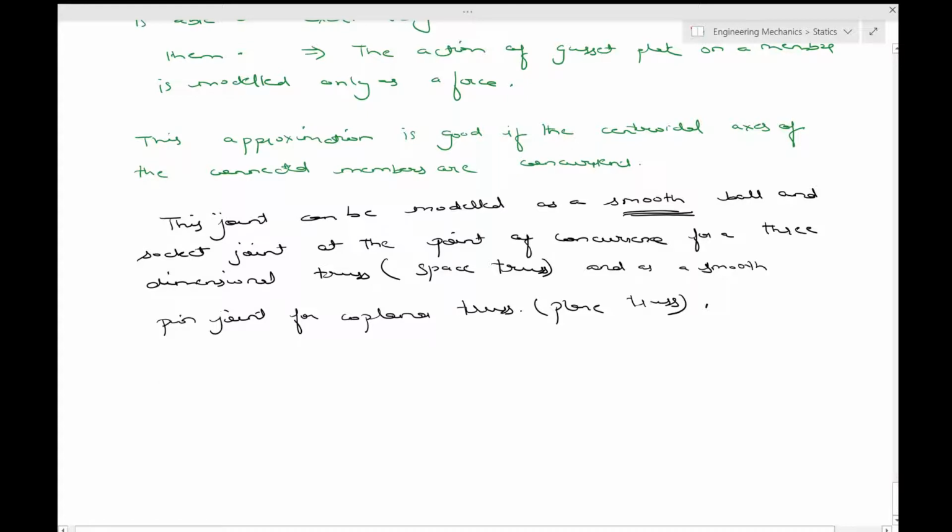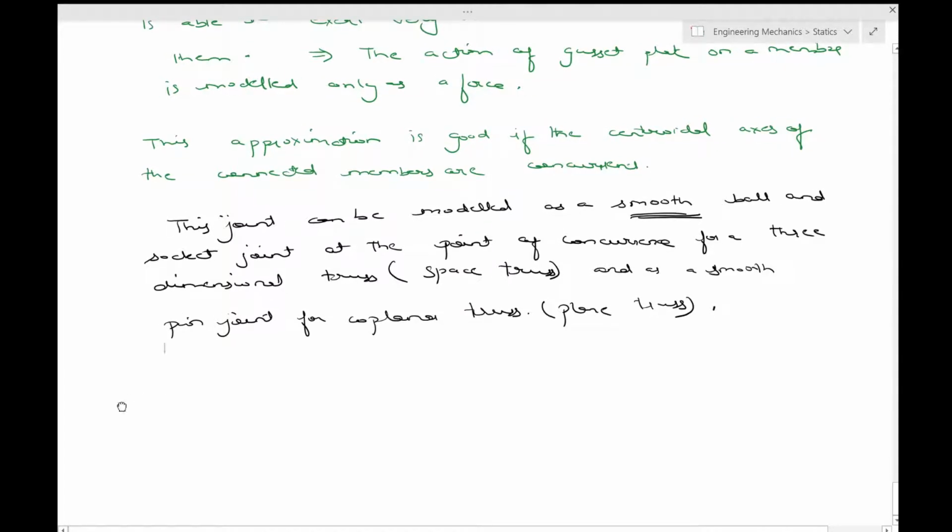So let's summarize the definition of a truss in a more formal way.